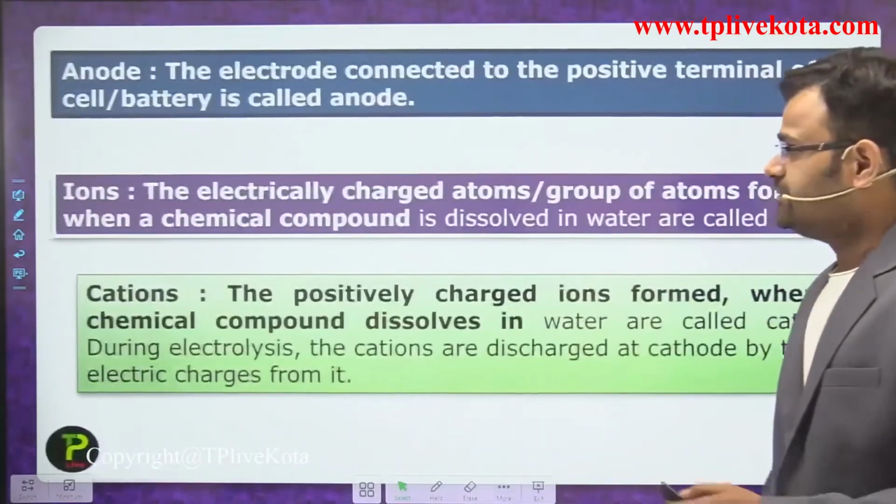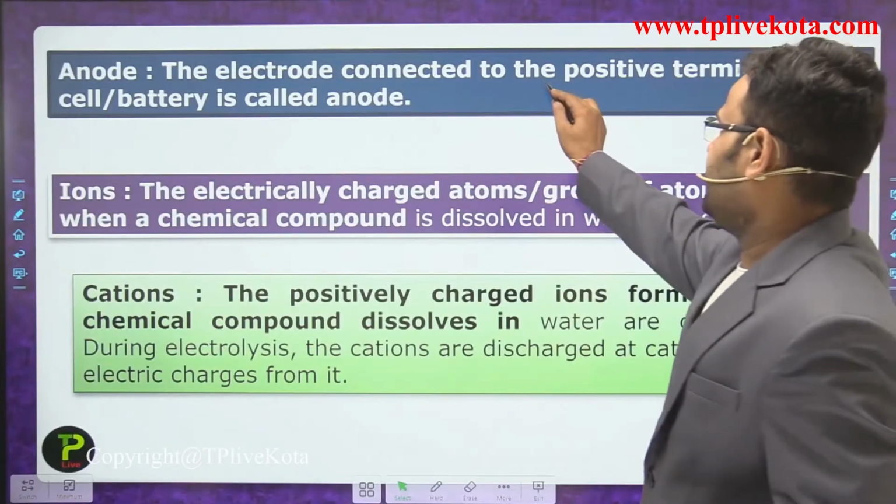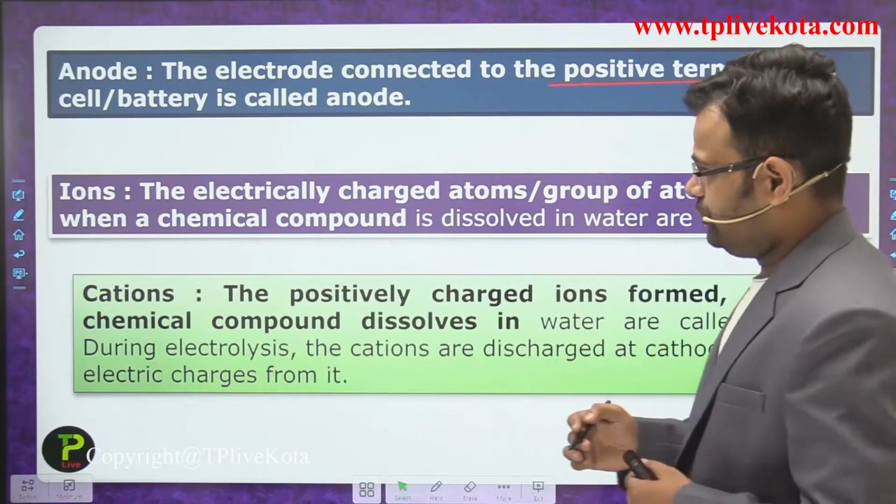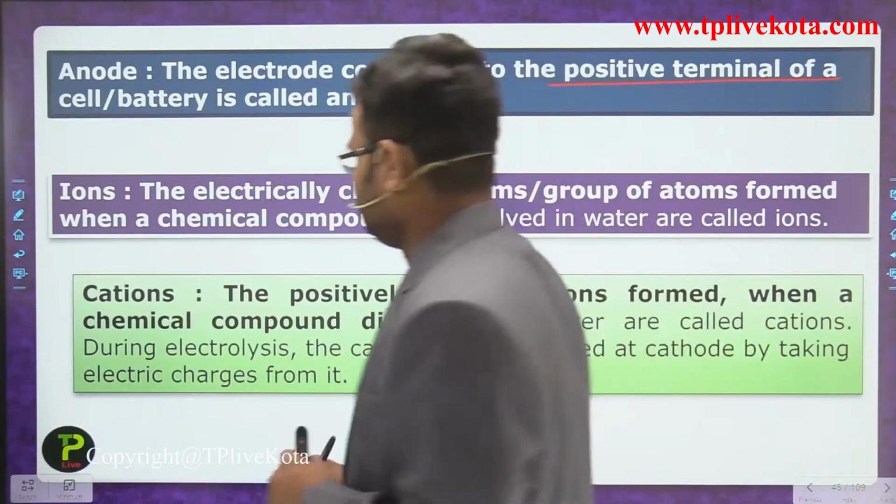Now we discuss the anode. The electrode which is connected to the positive terminal of a cell or battery is called the anode. What are ions and cations?